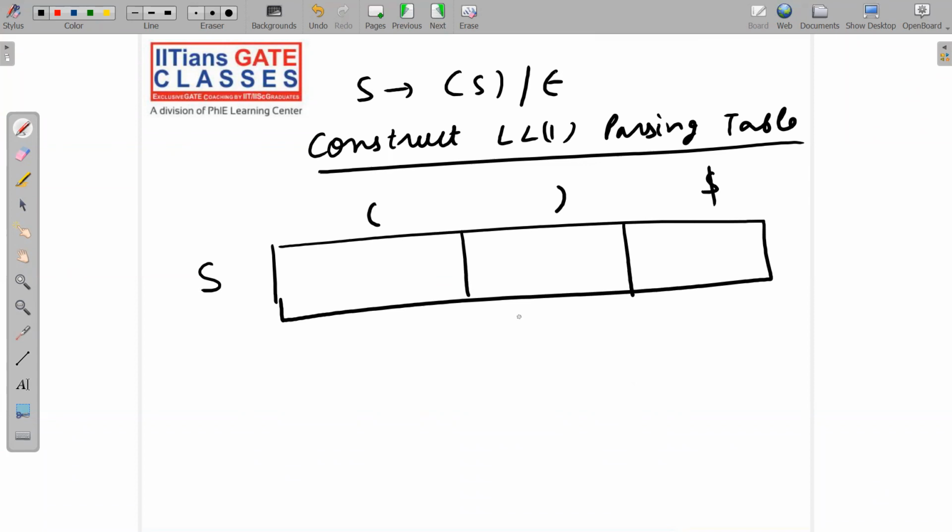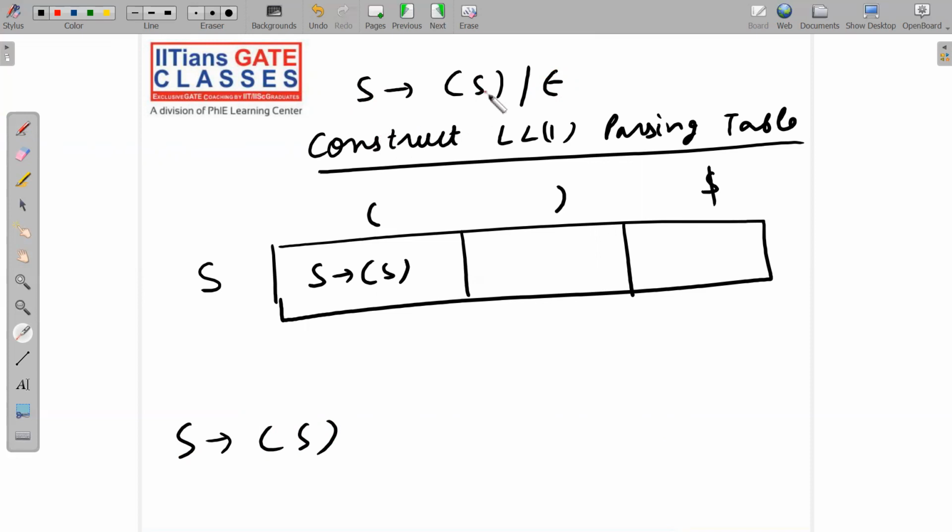Okay. Yeah. So now where are we going to store this production rule, S implies opening S closing? Obviously in the first of this part. First of this part is opening bracket only. So I will store this production rule here, opening S closing. Now where are we going to store S goes to null? It will be stored in follow of capital S. Try to find it in the RHS.